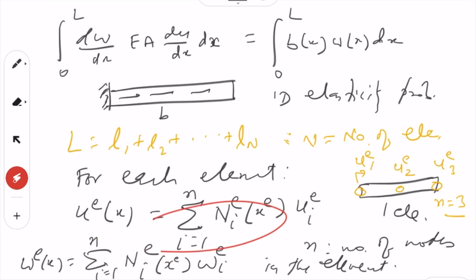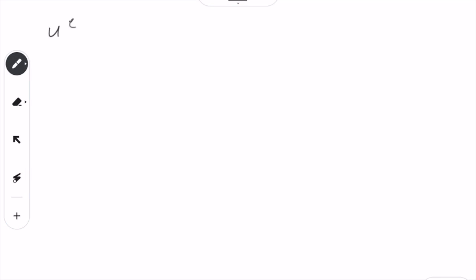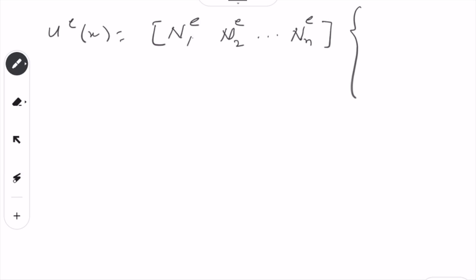The other way we can write is u^e(x) equal to N, which will be N_1^e, N_2^e and so on till N_n^e, multiplied by u_1^e, u_2^e till u_n^e.